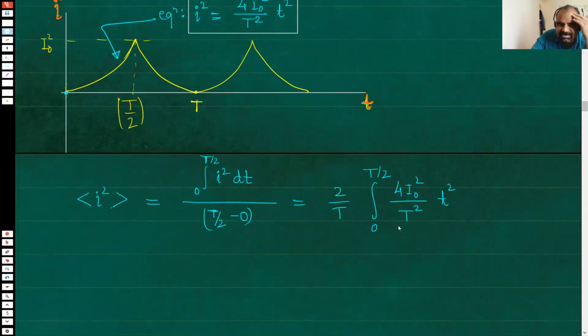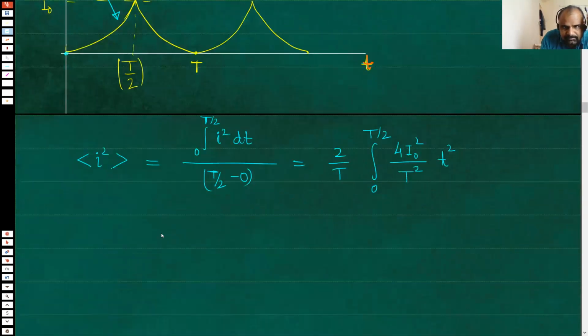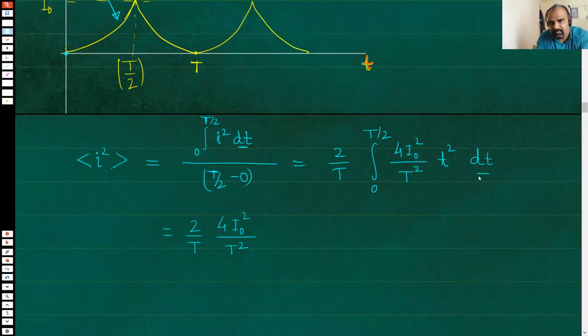Okay, are you able to understand? So 2 by capital T, and 4 I naught square by capital T square will come outside. And then dt, I forgot to write. I square dt was there. So integration of t square dt will be t cube by 3.